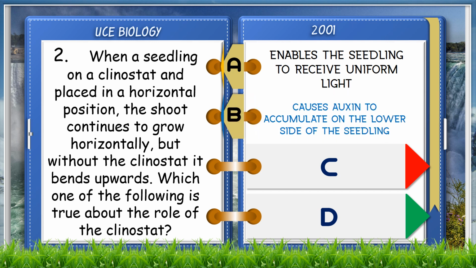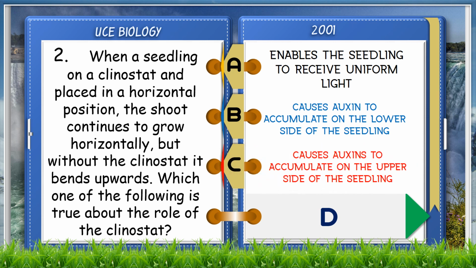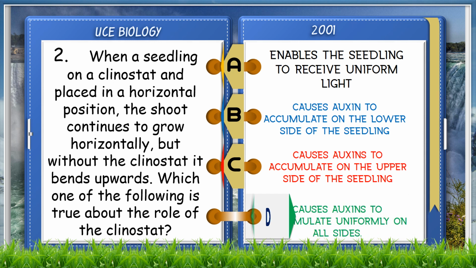B. Causes auxins to accumulate on the lower side of the seedling. C. Causes auxin to accumulate on the upper side of the seedling. D. Causes auxin to accumulate uniformly on all sides. The answer is D. Causes auxins to accumulate uniformly on all sides.